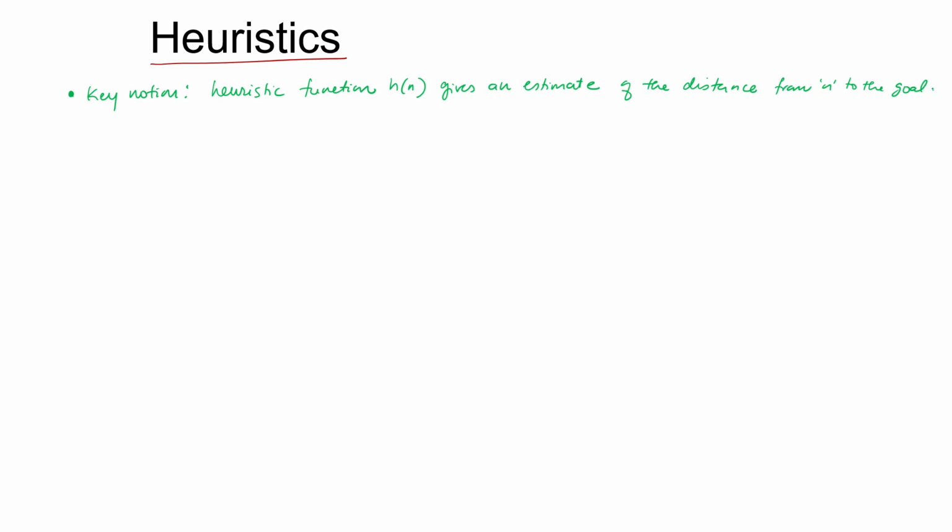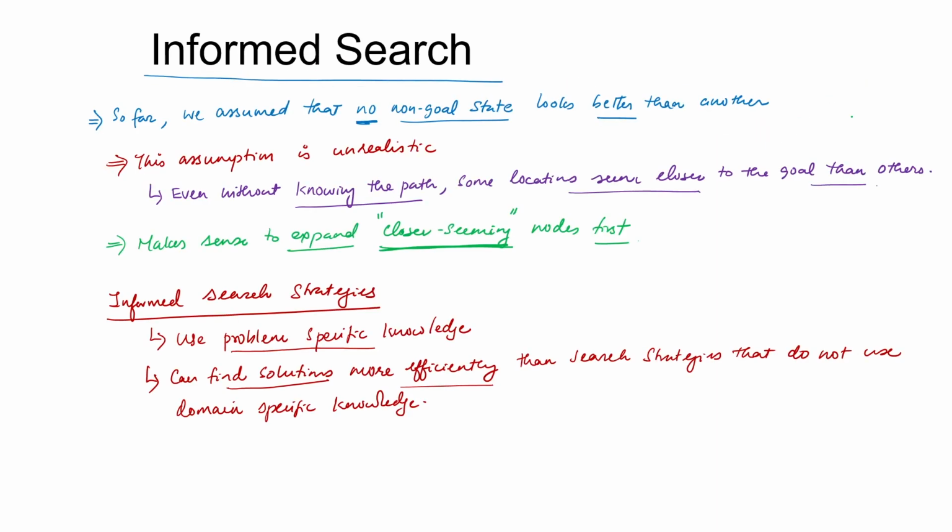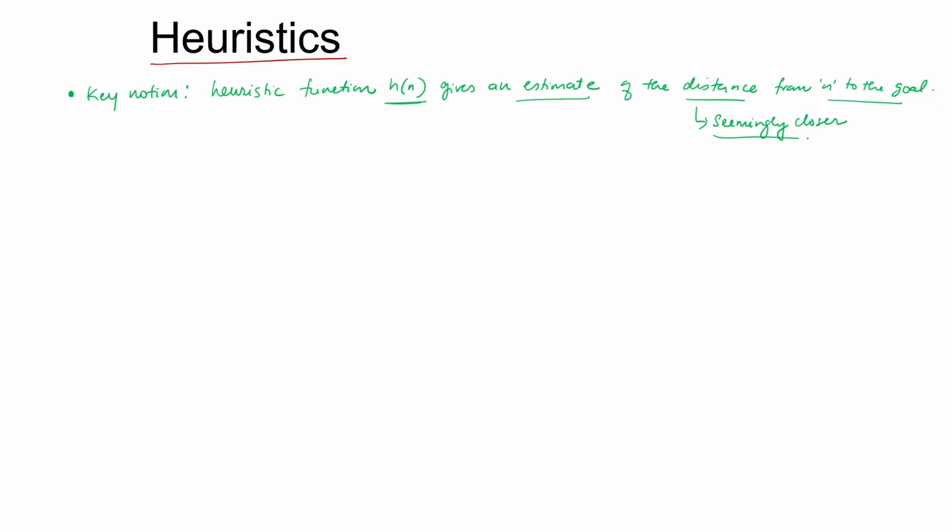So, this is the seemingly closer notion, or the other phrase that we used was closer seeming, or seemingly closer to the goal. Then the other thing to think about is h of n is equal to 0 for goal nodes. If it is a goal, then the heuristic function h of n is equal to 0.